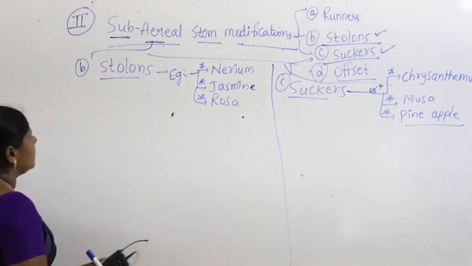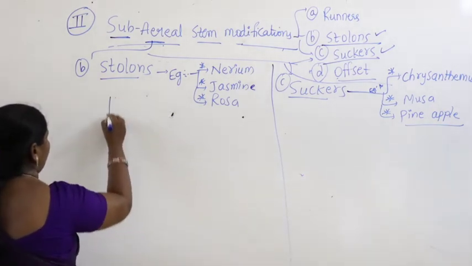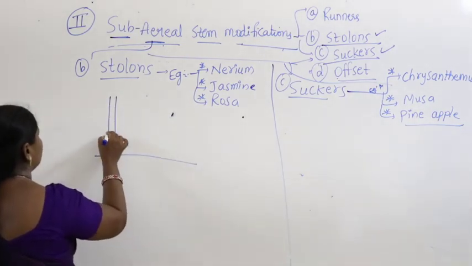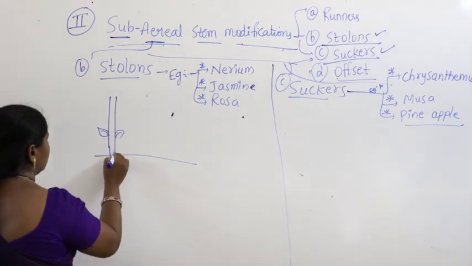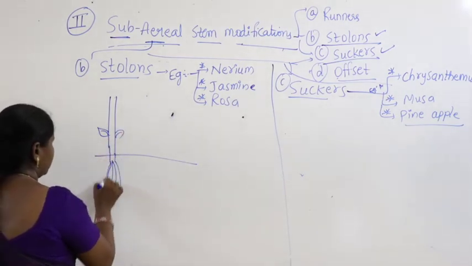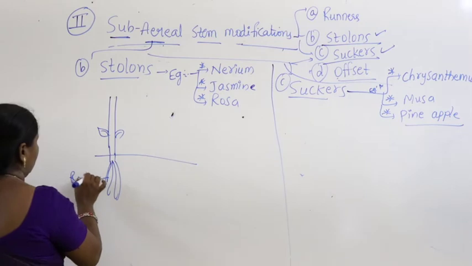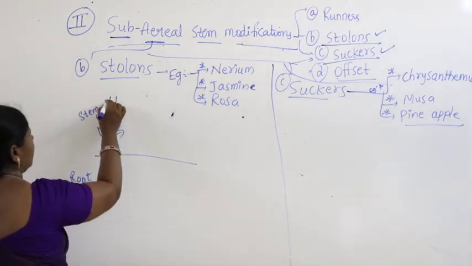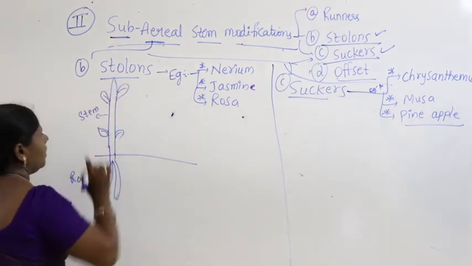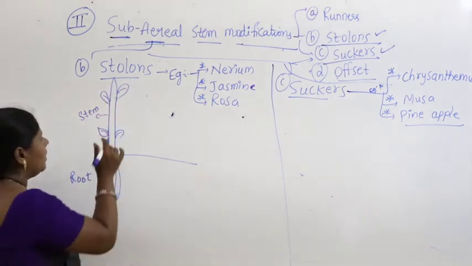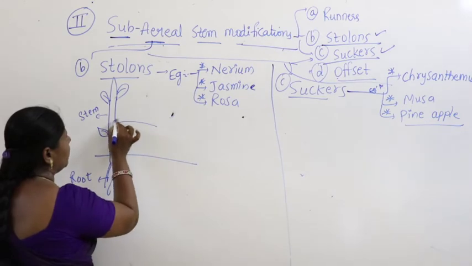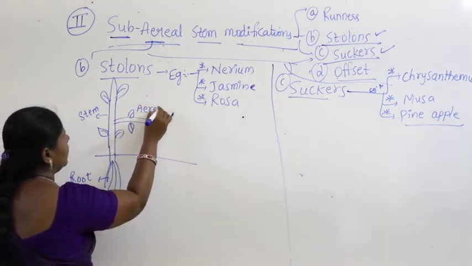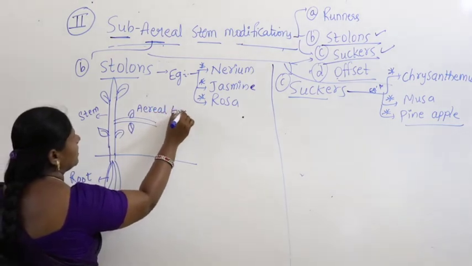Right. Now in this case, this is nothing but the stem, this is nothing but the leaves, and here is the root part. Now listen carefully. What is this? This is nothing but the aerial branch of the stem.